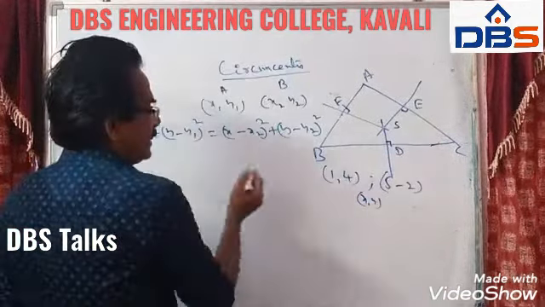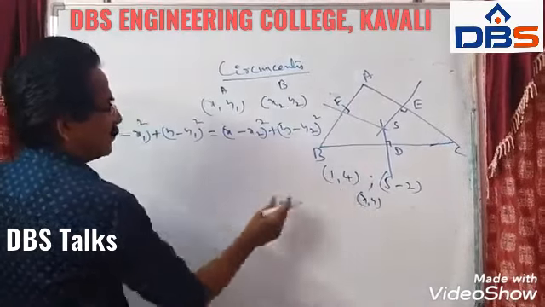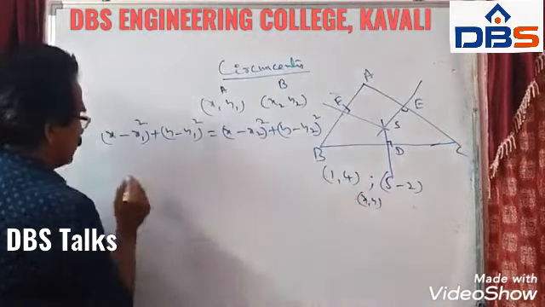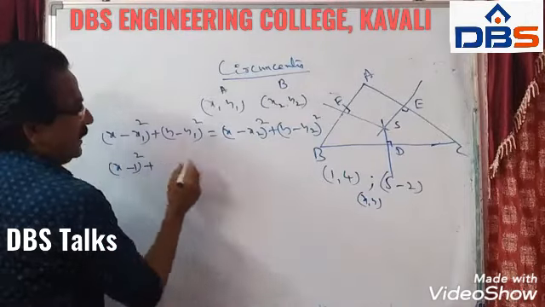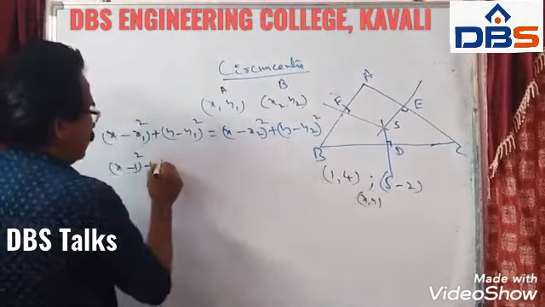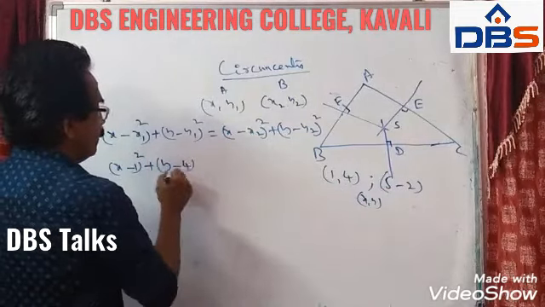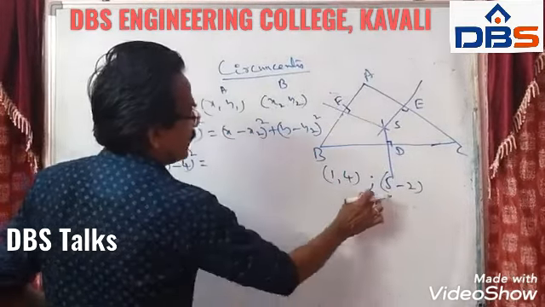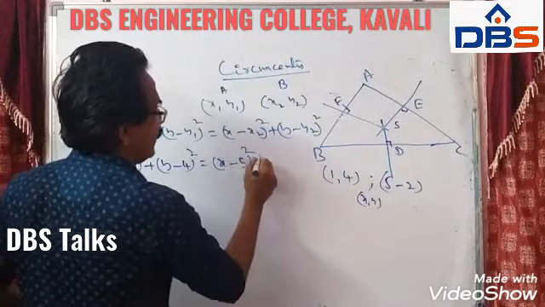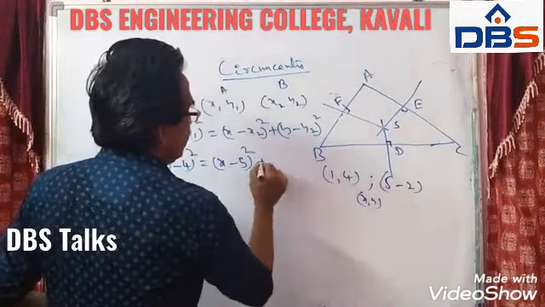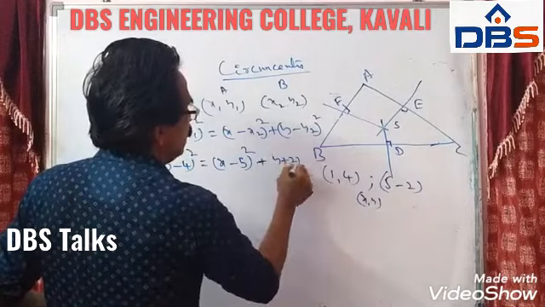What is the equation for us? x minus 1 whole square plus y minus 4 whole square is equal to x minus 5 whole square plus y minus of minus 2, that is y plus 2 whole square.